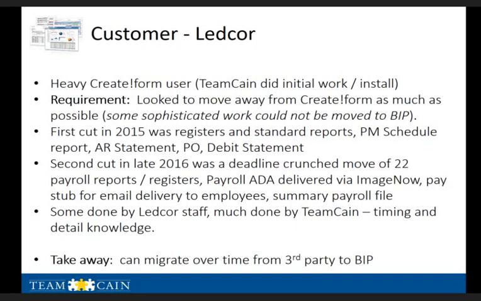They needed all of that switched over to BI Publisher. Some of that was BI Publisher packs. Some of it they did themselves. The heavy lifting and more sophisticated work they outsourced to us. So that was partly due to timing and partly due to the knowledge that we had. Interestingly enough, they were able to do a lot more second time around because of the experience going with us.